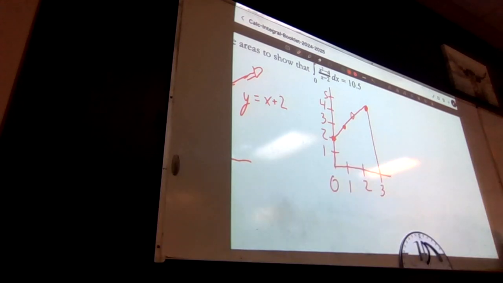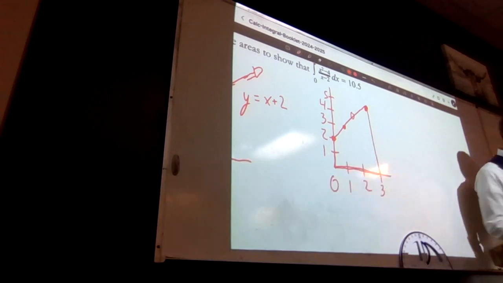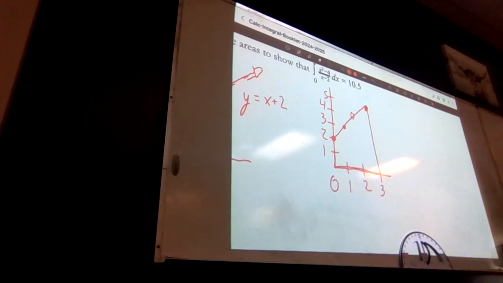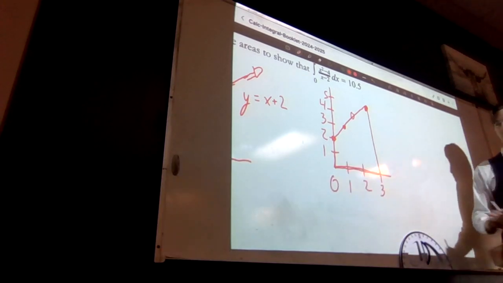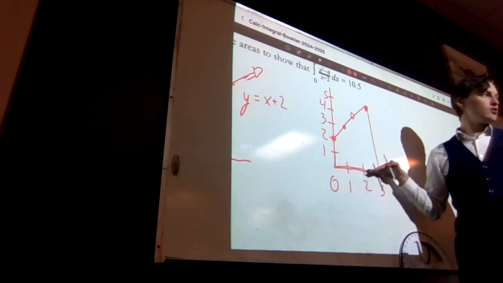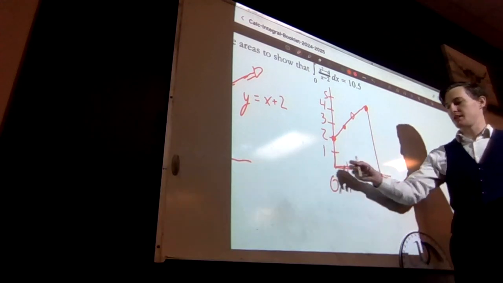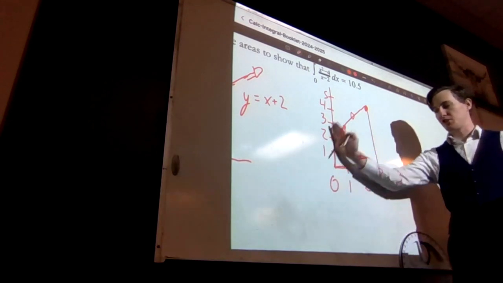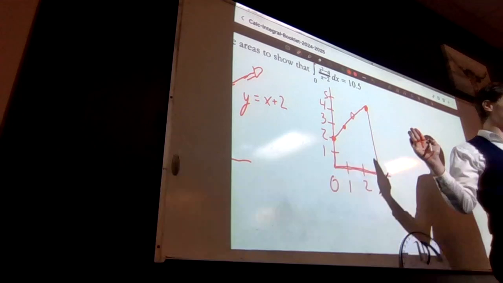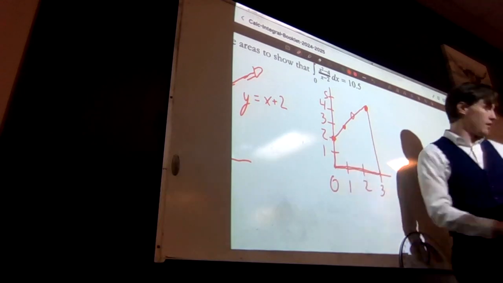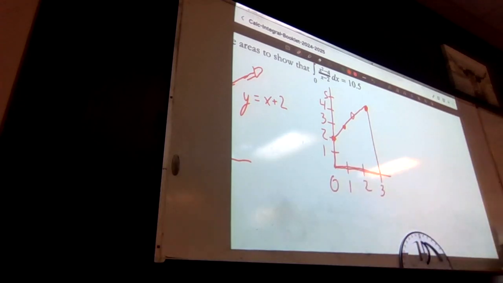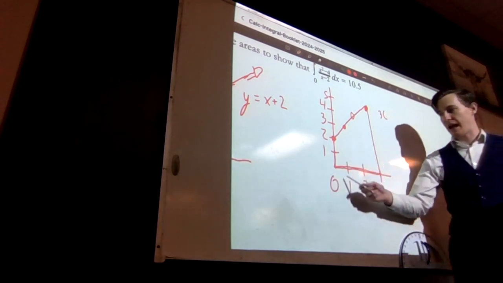I'm going to actually use, I know it sounds crazy to do this, the trapezoidal equation for area. Do we all remember the trapezoid equation? We take the height of the trapezoid, which is whatever the distance between the two different bases is. Remember, the two bases have to be parallel in a trapezoid. So I'm going to take this right here. I know that my height is going to be 3 times, and then I add my two bases and average them out.